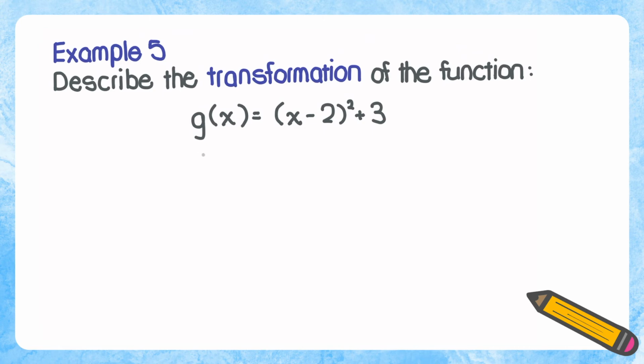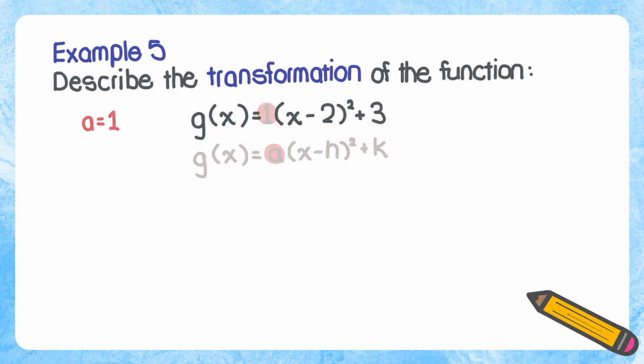I write the general form, which is g(x) = a(x - h)² + k. Right here, we actually have an invisible 1. So in this case, a is replaced by this invisible 1. So a just equals 1.